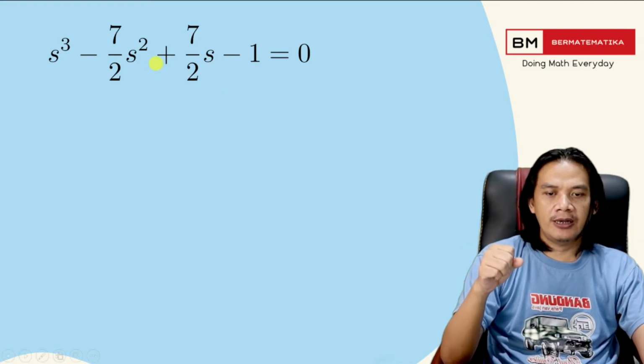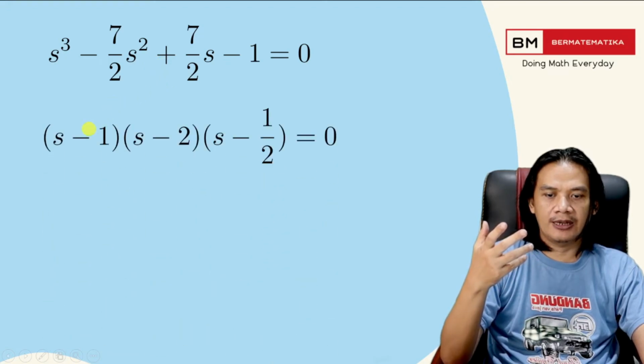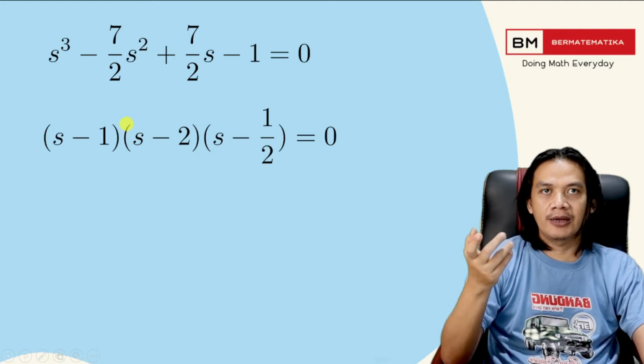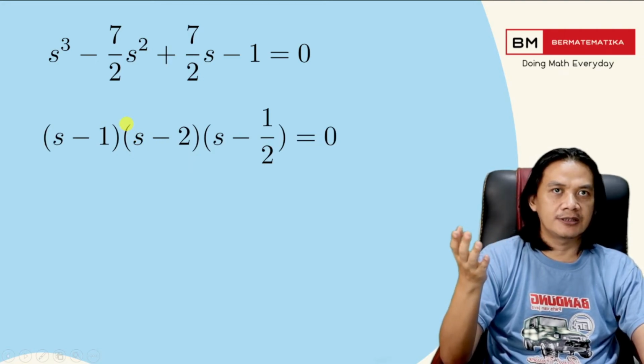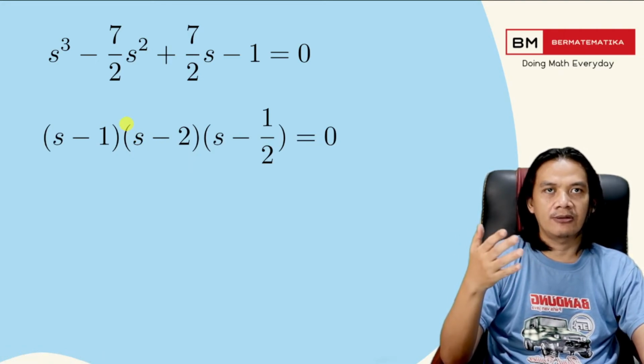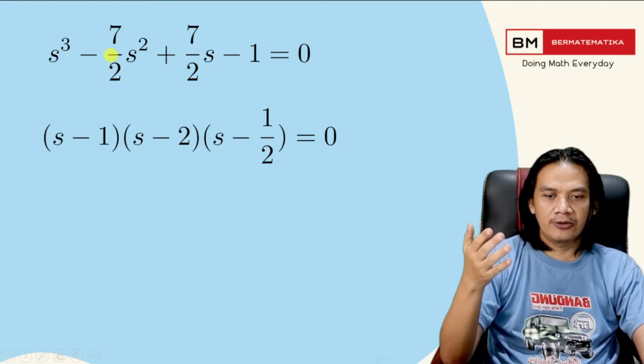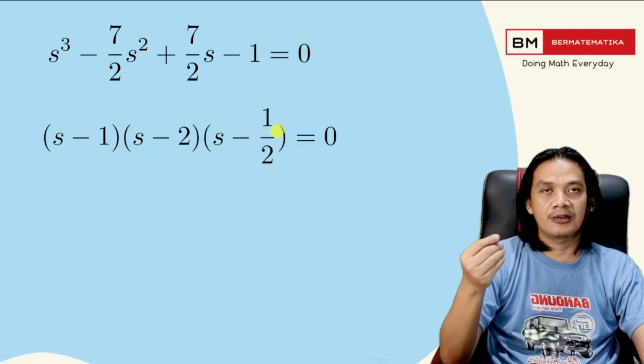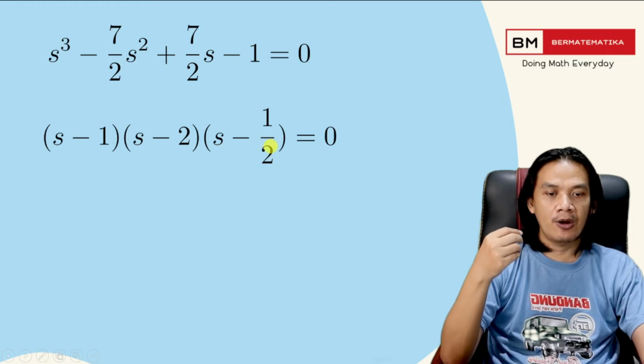We can verify by using Horner division or just the regular polynomial division, to get a quadratic polynomial, which we can further simplify and factorize into s minus 2 times s minus 1/2.